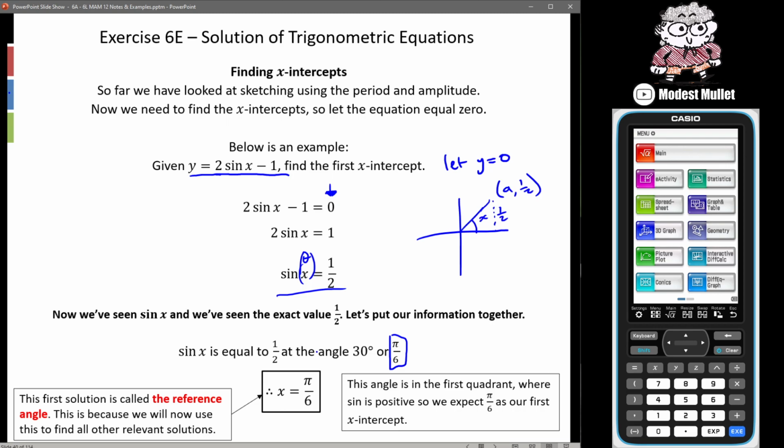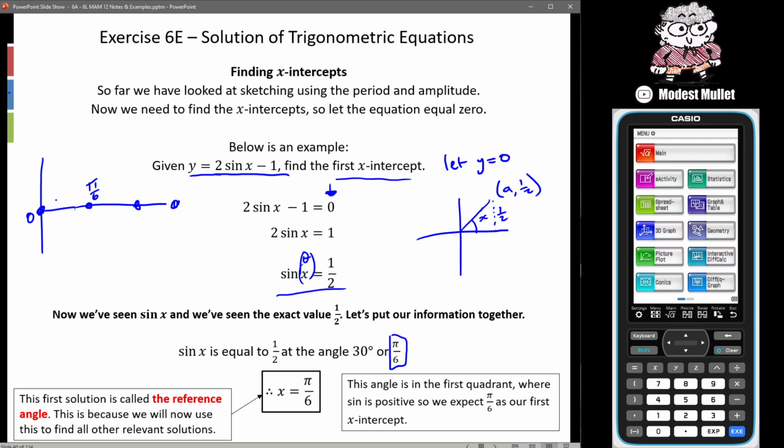A thing to note here is that this is just the first x-intercept. Because if you just think of any sine graph, we know it goes something like that. And we technically have one here at 0, 0. This one here for this equation is technically going to be at, what did we just figure out? Pi on 6, but we know there's going to be another one here later and another one here later. And we've also ignored that there's this sort of minus 1, which, if you recognize our functions, anything added or subtracted on the end is like an h value.